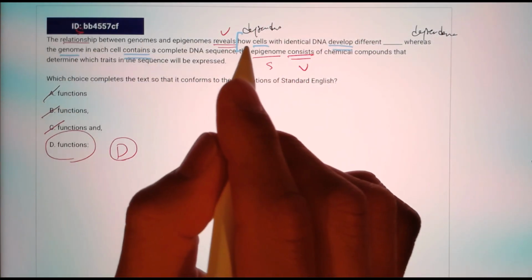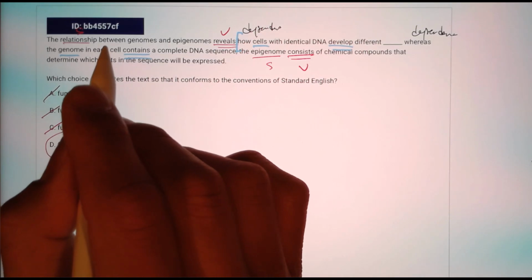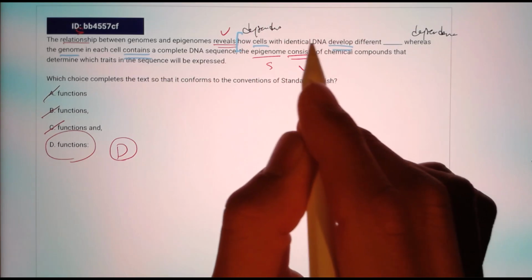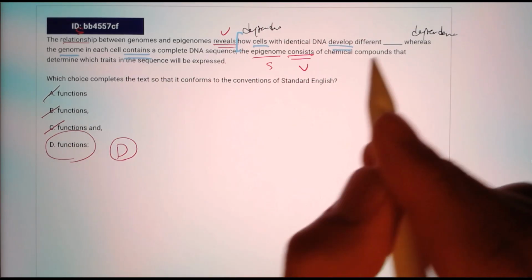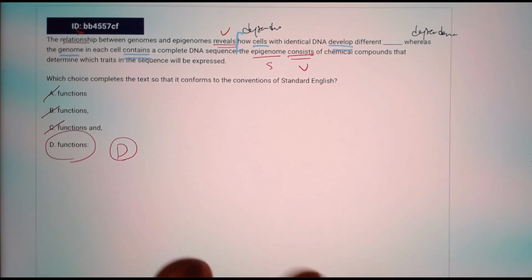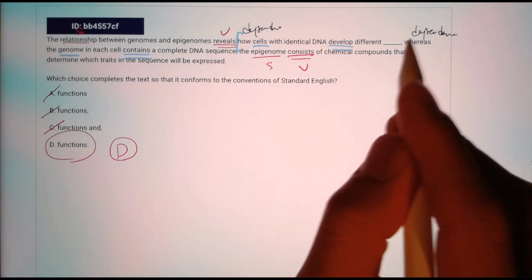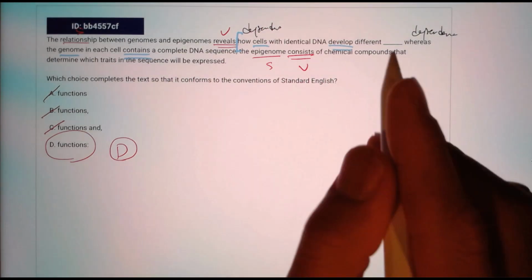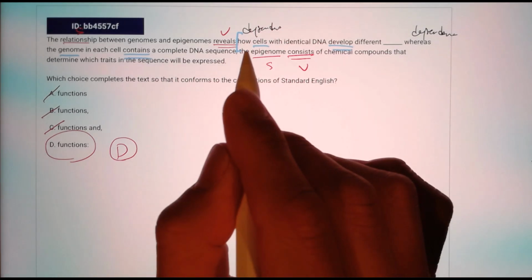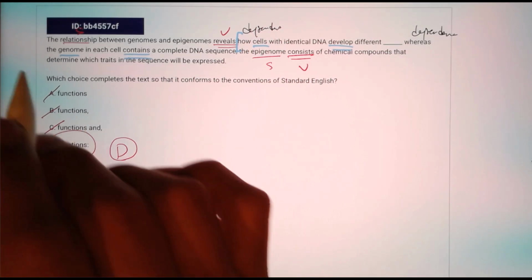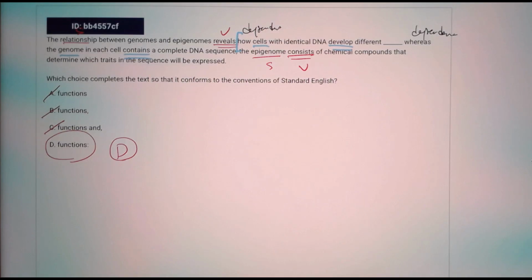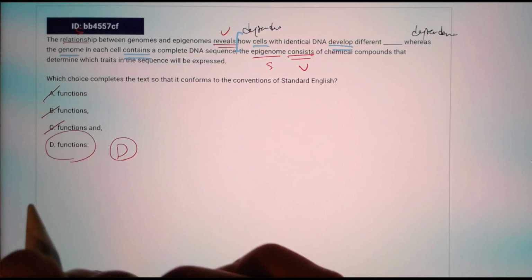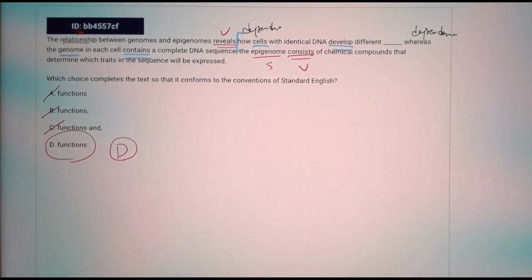Remember, this is about how cells with identical DNA develop different functions, and in the next sentence we show that difference with the transitional word whereas, which is the signal for, hey, here's something, there's another one. So whereas a genome, the epigenome consists. Okay, we have two different things that have different functions. So the colon is correctly placed to give that further explanation.